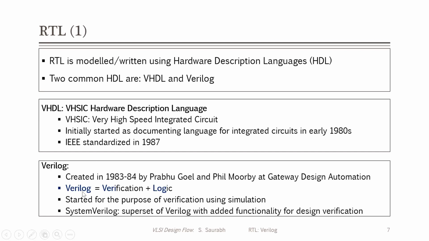Verilog is a combination of two words, verification and logic, and it was meant from the beginning for simulation-based verification. Therefore the syntax and semantics of Verilog are easier and more geared towards fast simulation. VHDL was more documenting, and that's why it was a more elaborate language, less suitable for simulation.